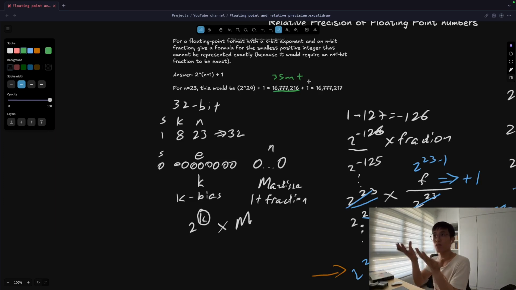That I learned from just this question, and how I came to the understanding of how the relative precision of floating point works. So I hope that was interesting for you. It was certainly very interesting for me to struggle through this question and to try and understand why the property of the floating point value is as such in terms of the relative precision.